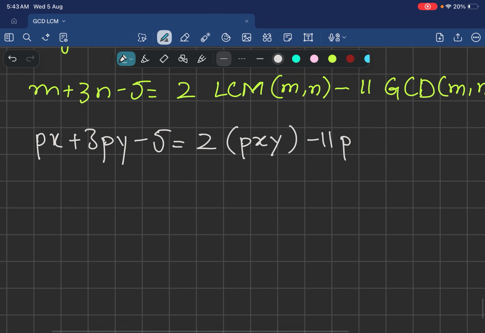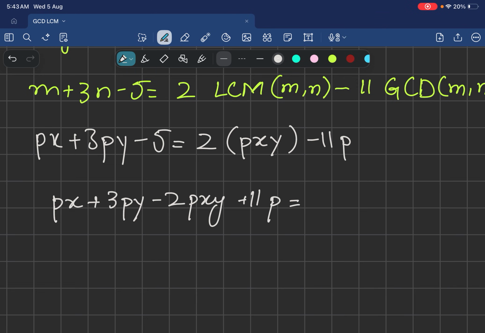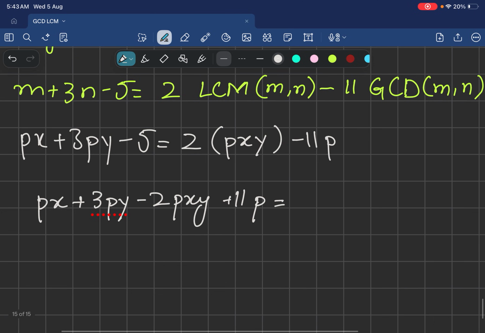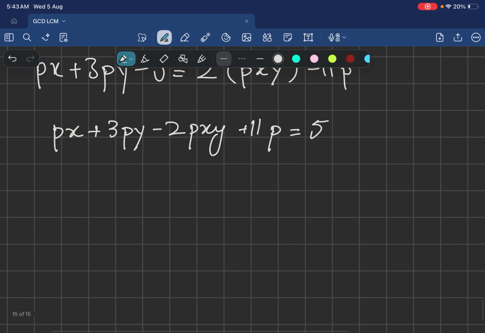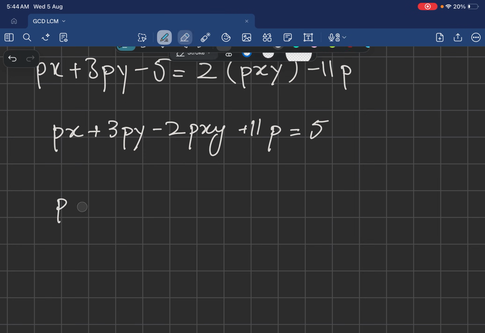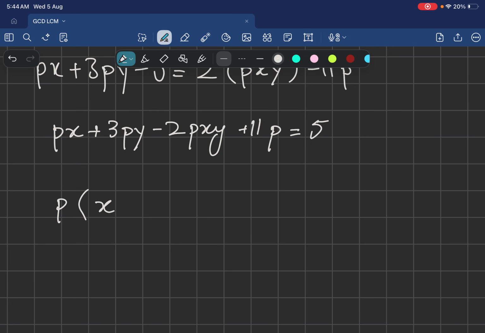Bring everything on one side and you are left with px plus 3py minus 2pxy plus 11p equal to 5. This p is annoying, so let me factor out p for a second.